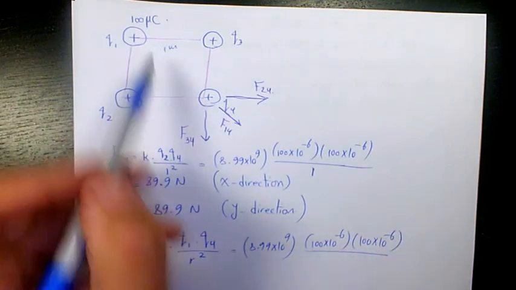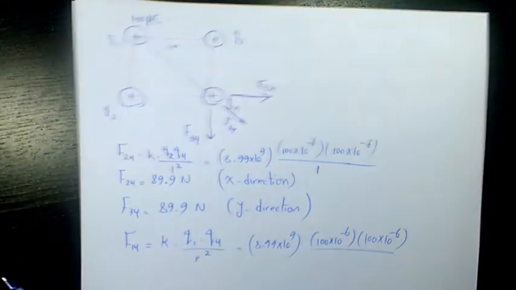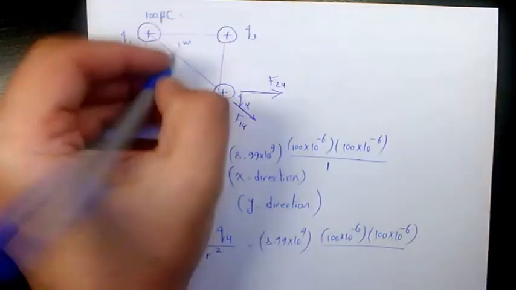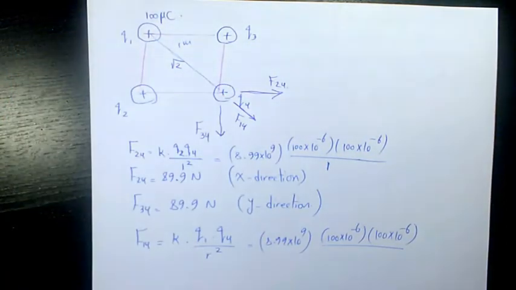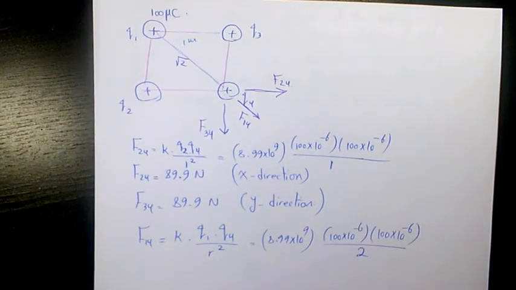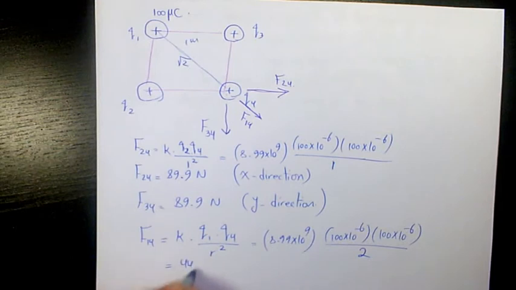For R squared, the distance here, if I use the Pythagorean theorem, this one is 1, this one is 1, so the distance is going to be square root of 2. So R squared is square root of 2 to the power of 2, which is just 2. So the force is going to be half of the other forces. So it's going to be 44.95.